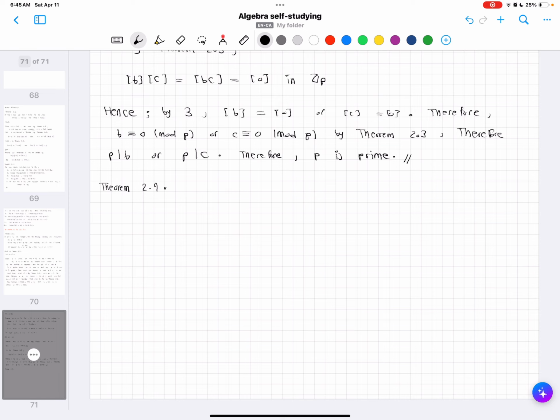So when we look at Zn, sometimes there are equations that have solutions where elements are invertible. So what do I mean by the equation having solutions? There is a particular equation that is of interest, where that equation has a solution, all right? So this equation is of the form ax is equal to 1.